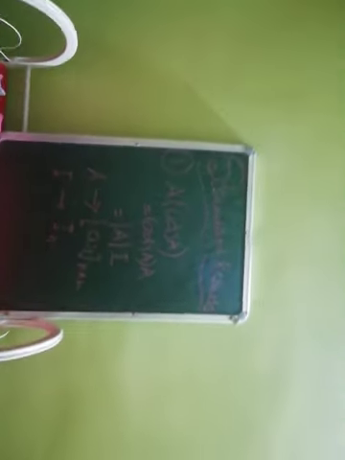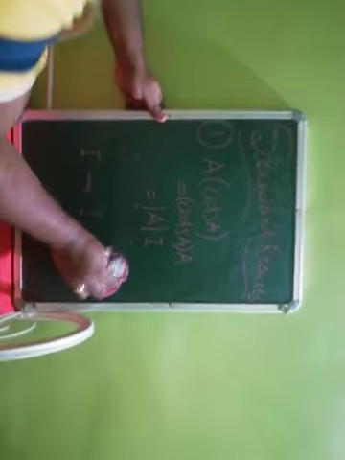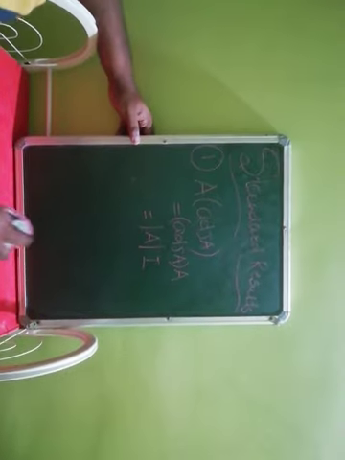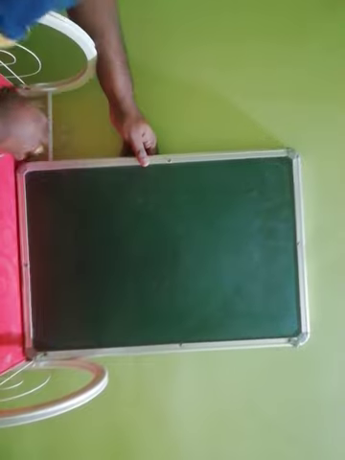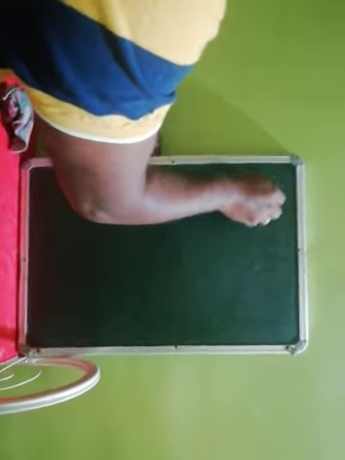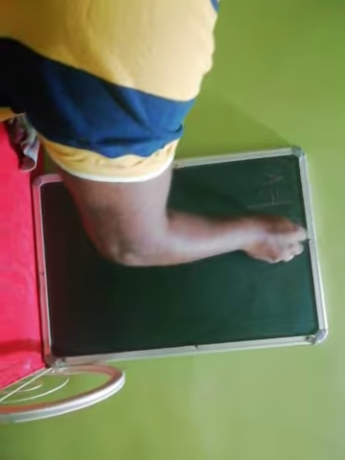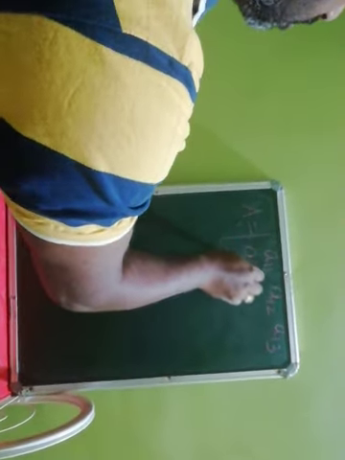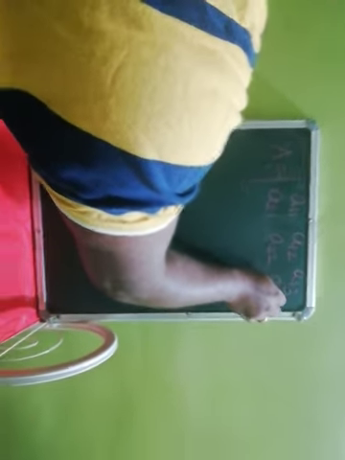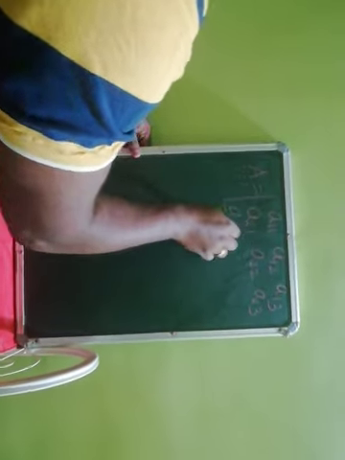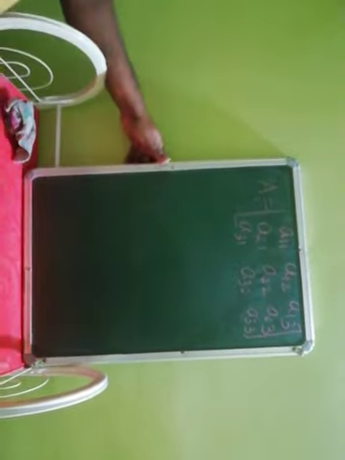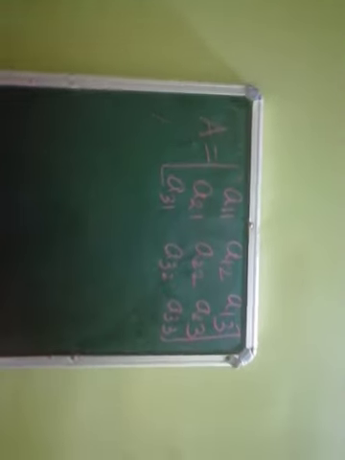So I will take one example for that, or let me take the standard results. Let me take the standard matrix. I am taking the matrix A as A11, A12, A13, A21, A22, A23, A31, A32, A33. You all can see this is a square matrix of order 3.